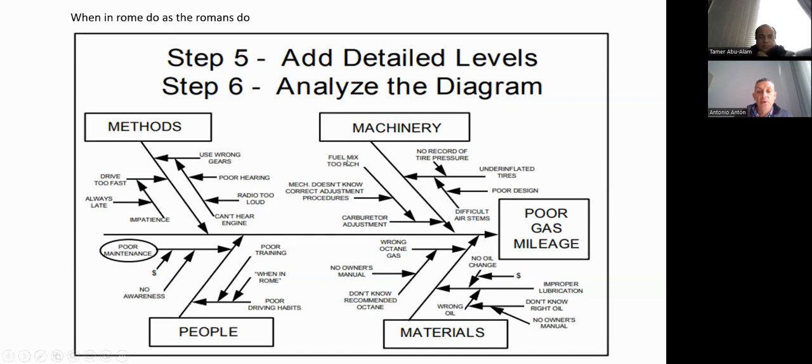Carburetors have to do with the fuel mixture rates, because the selection of this gasoil, oil, or gasoline is very rich in something mineral, no? And perhaps why is this so rich? Because the mechanic doesn't know about adjustment procedures.